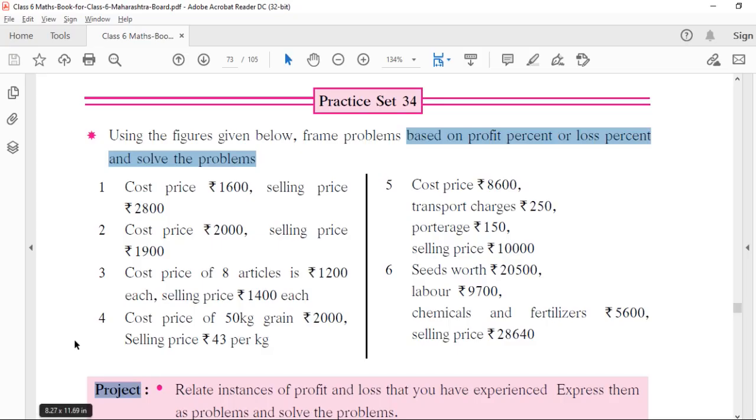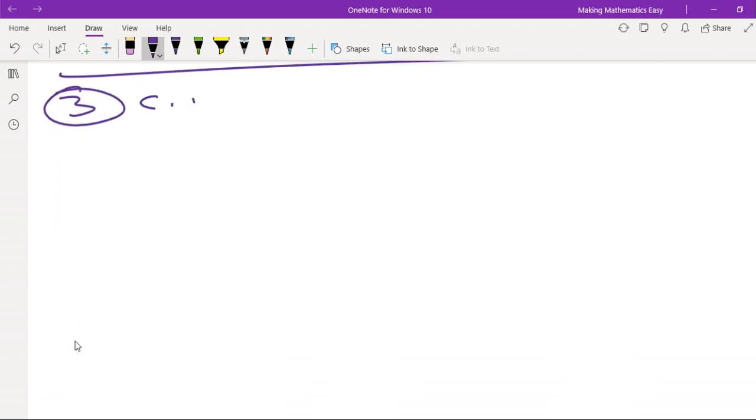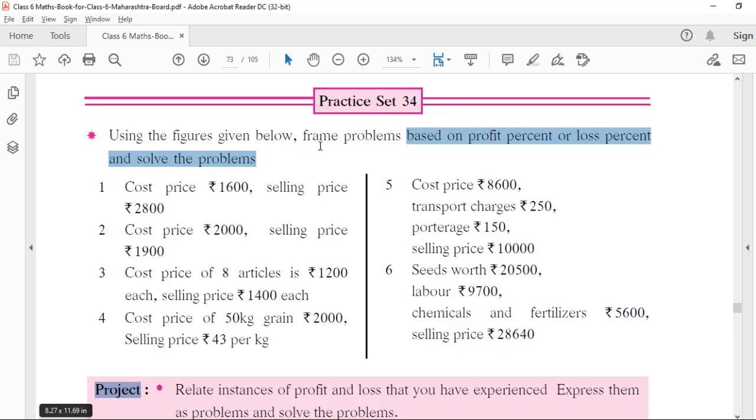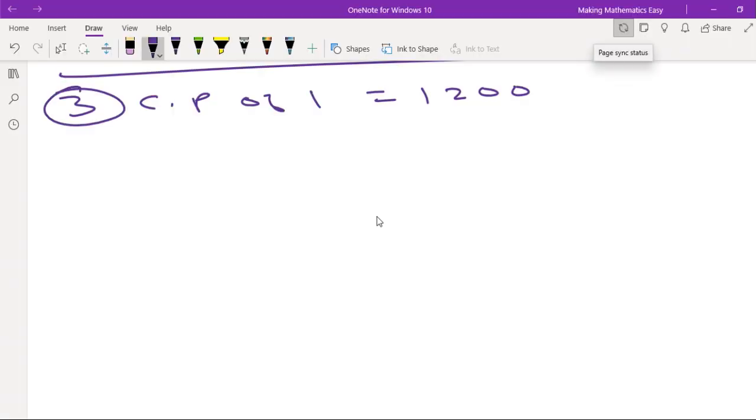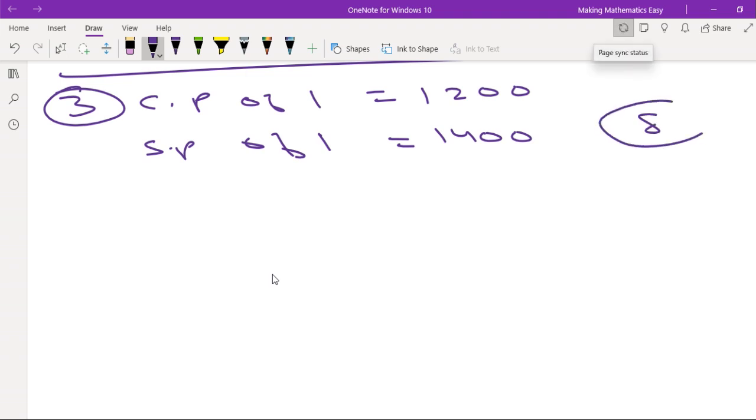So the cost price of 8 articles is 1200 each. So basically the cost price of one article is 1200, and the selling price is also 1400 each. The selling price is also given for one item, which is 1400, and we have 8 articles.